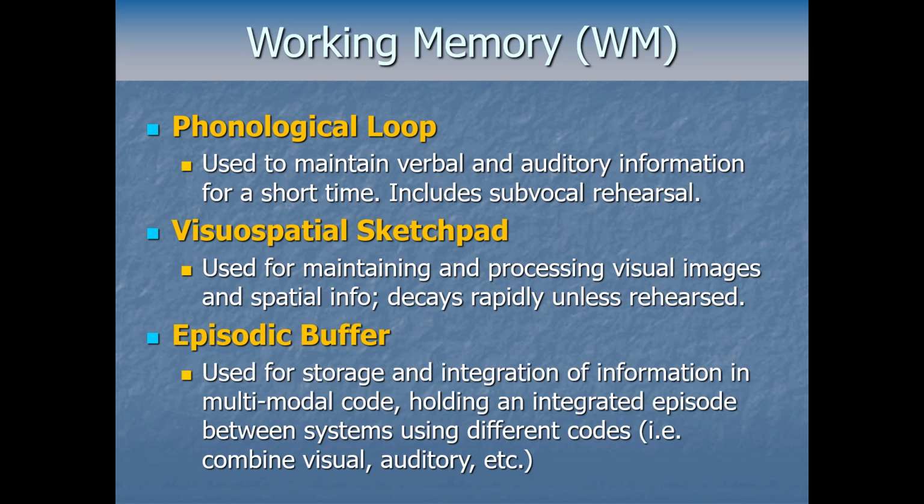Then there's the episodic buffer, which is used for storage, but more importantly for integration of information in what we might call a multimodal code, meaning it holds together an integrated episode between those other systems that use their own different codes, combining things like visual and auditory information.